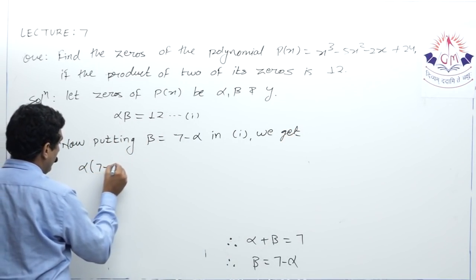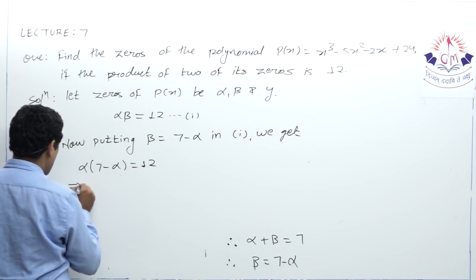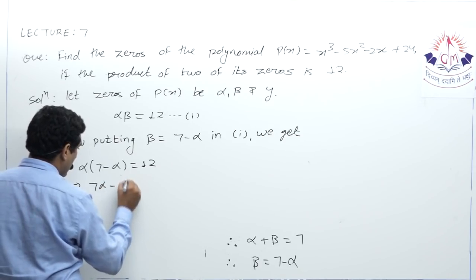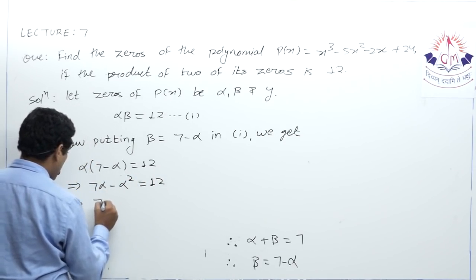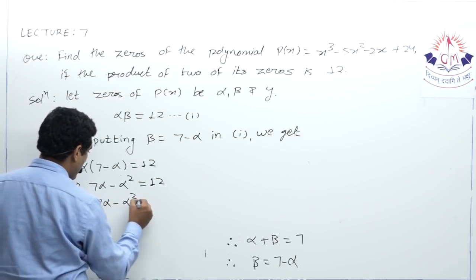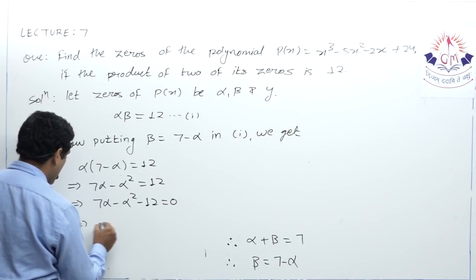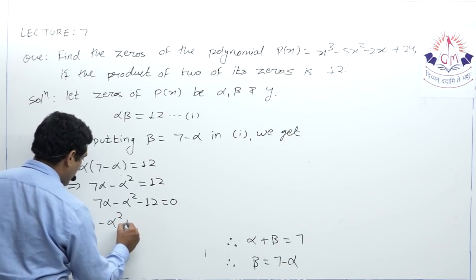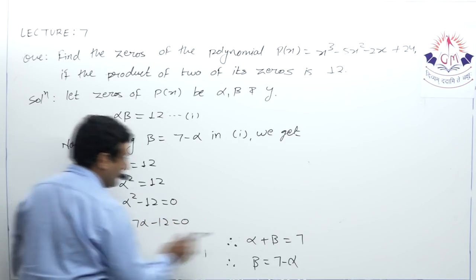Alpha multiplied by 7 minus alpha equal to 12. That is 7 alpha minus alpha square is equal to 12. So 7 alpha minus alpha square minus 12 equal to 0. So here I get minus alpha square plus 7 alpha minus 12 is equal to 0.